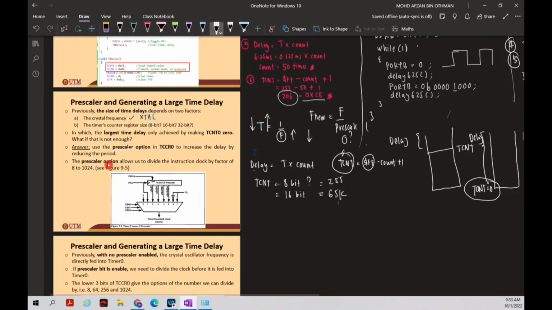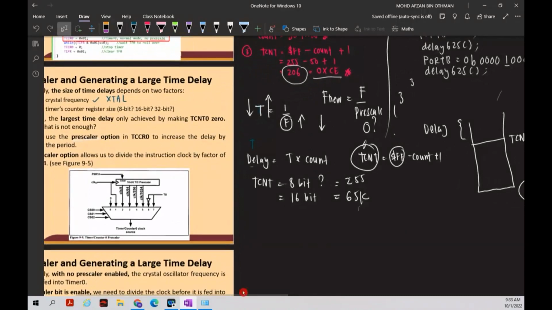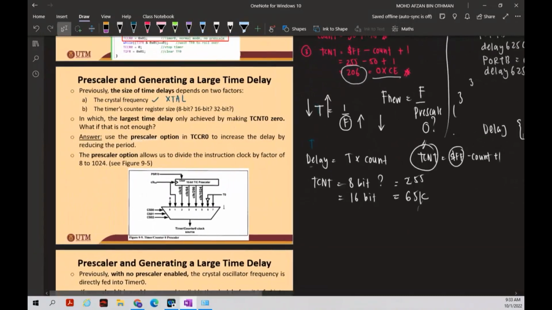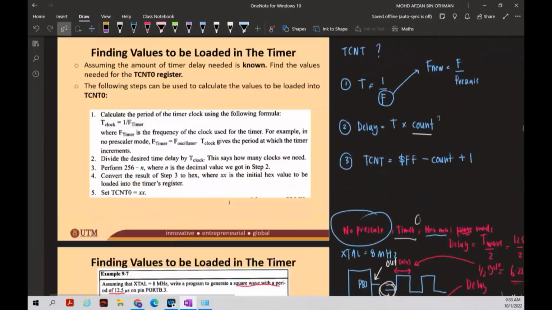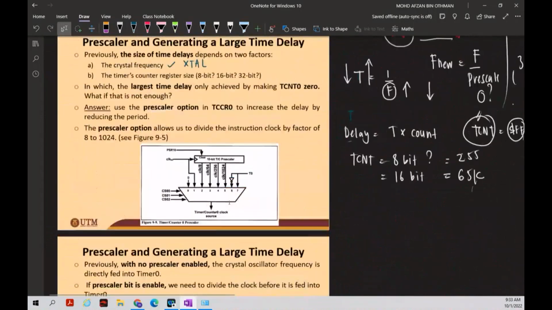The prescaler option allows us to divide the instruction clock by a factor from 8 up to 1024. So this is the prescale available for timer 0. You can choose a prescale of 8, 64, 256, and 1024.